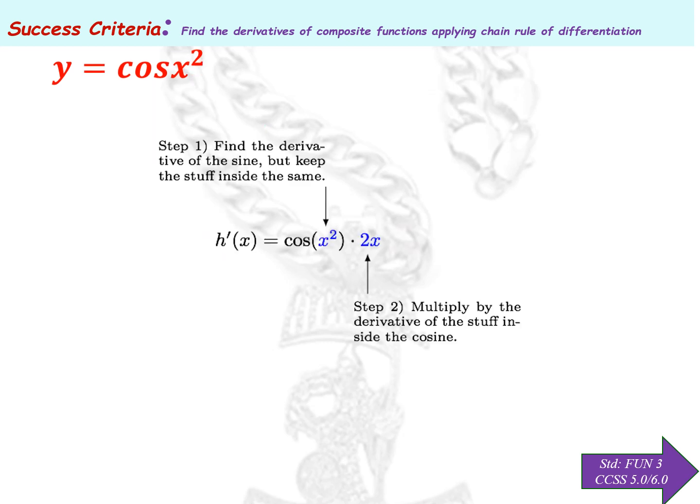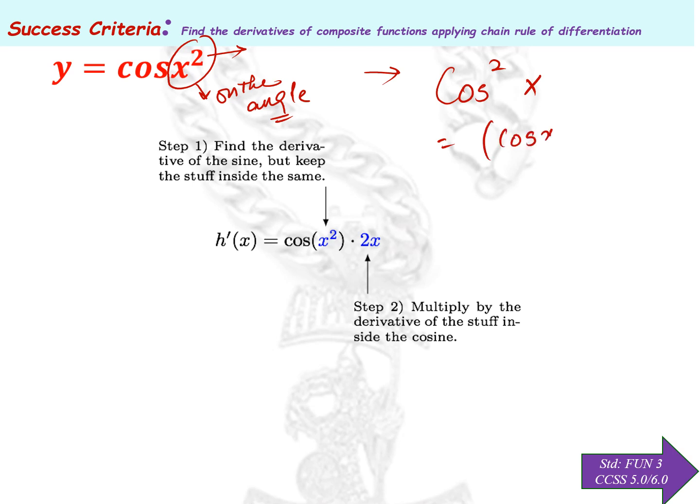What will happen if this is written? Now this power 2, you can see it's only on the angle, not overall. So try to understand the writing. If cosine squared x is written, it means that cosine x has the whole power 2.